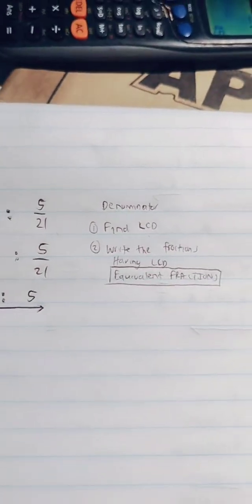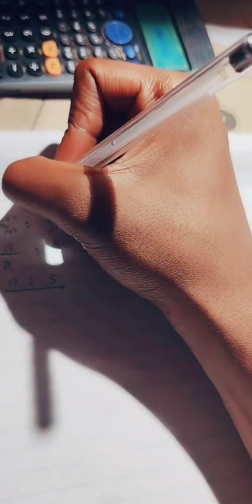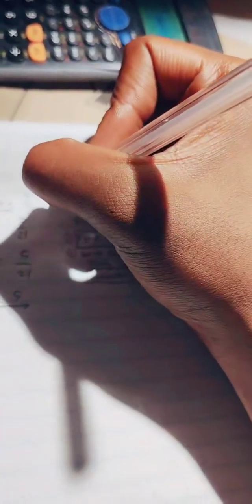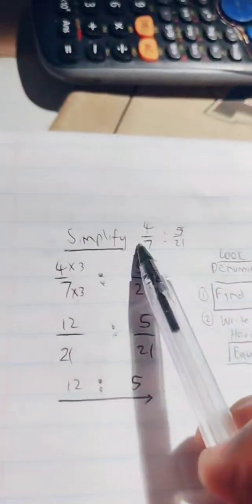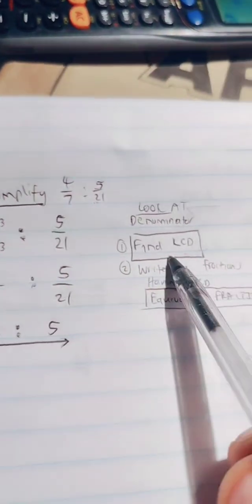So that's how we deal with simplifying a ratio that has denominators that are not the same. We look at the LCD for those given denominators. Between 7 and 21, the LCD is 21.